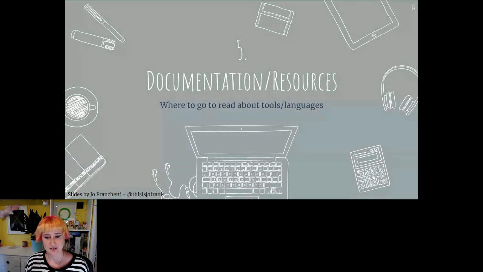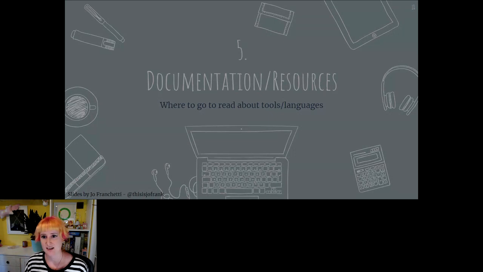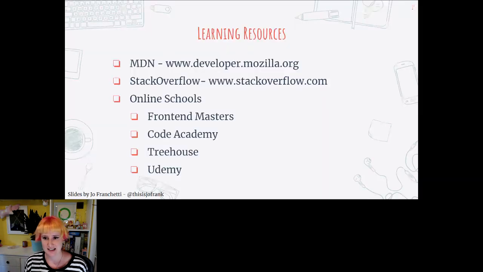One of the things that you're going to find yourself needing to do all the time is look stuff up. And one of the best resources that you're going to find to look up information about the things that we're going to be learning is MDN. And MDN is the Mozilla Developer Network.